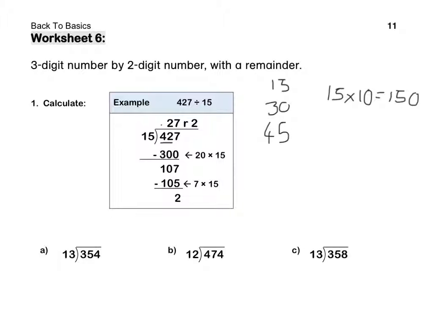So let's estimate on the side 15 times 7. And we see that 15 times 7 is exactly 105. We need to fit into 107, so the largest number of times that 15 is going to fit in there is 7 times. Now, 7 times 15 is only 105, so we minus to get our overall remainder of 2.